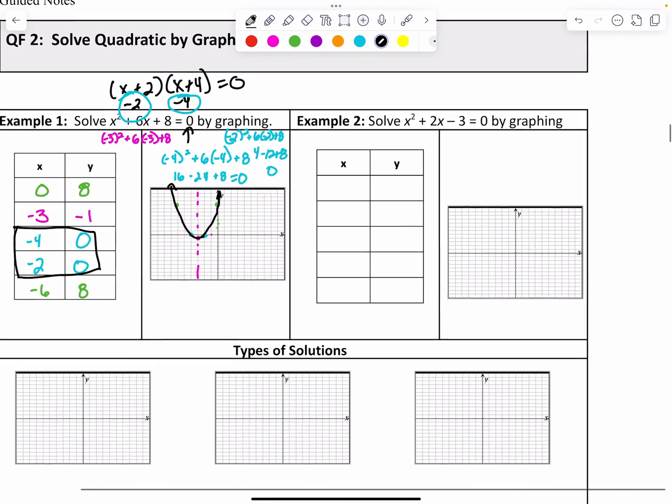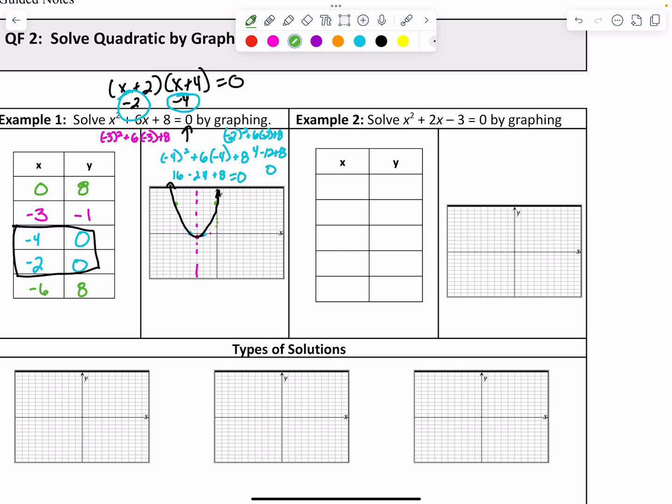So if I look at this one, I have a y-intercept at negative 3. My axis of symmetry would be negative b over 2 times a. Plug that in. So that would be 1 minus 2 minus 3.